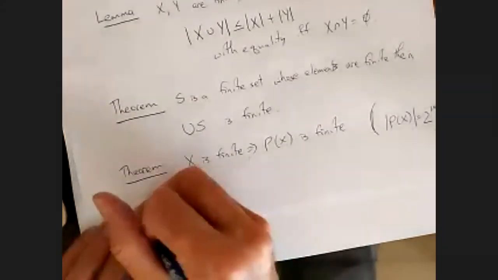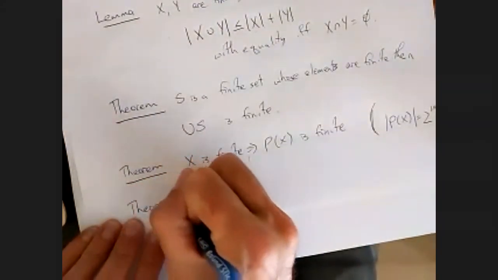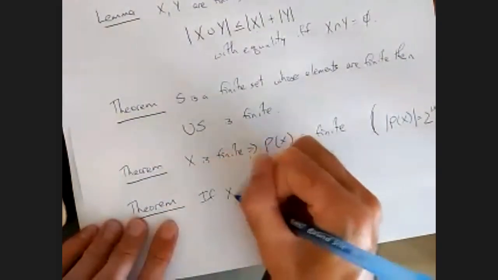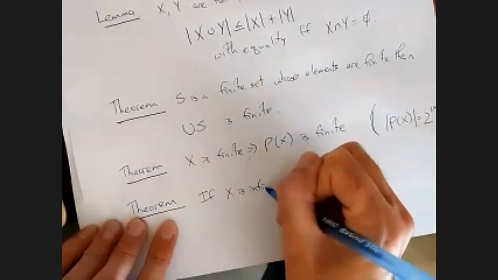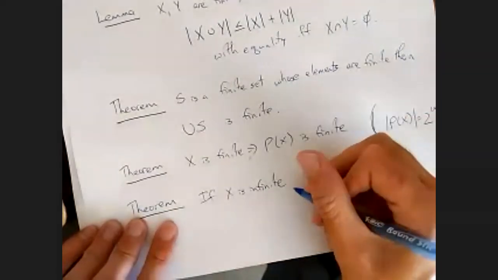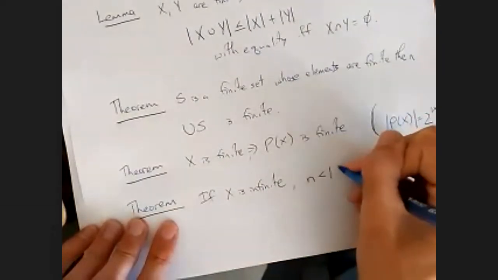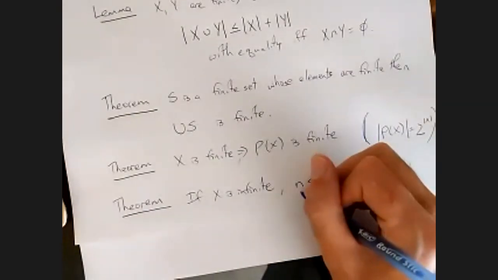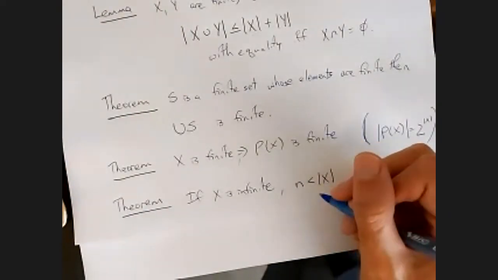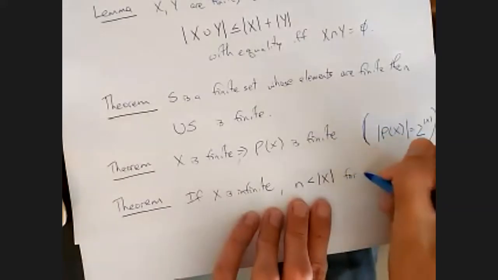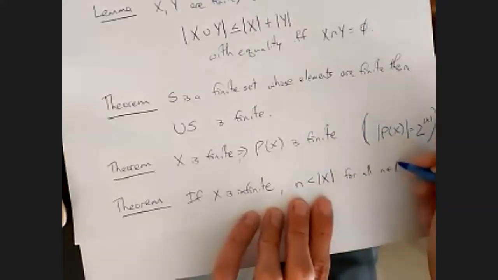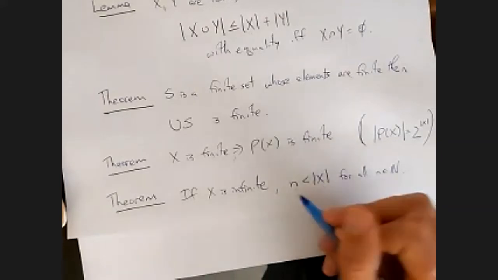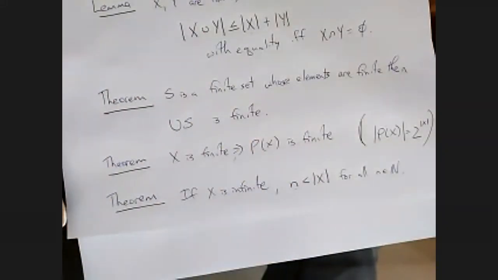And then the last theorem I'll write down about finite sets is if X is infinite, the cardinality of X is strictly greater than n, meaning there's a one-to-one function from n to X for all natural numbers n.